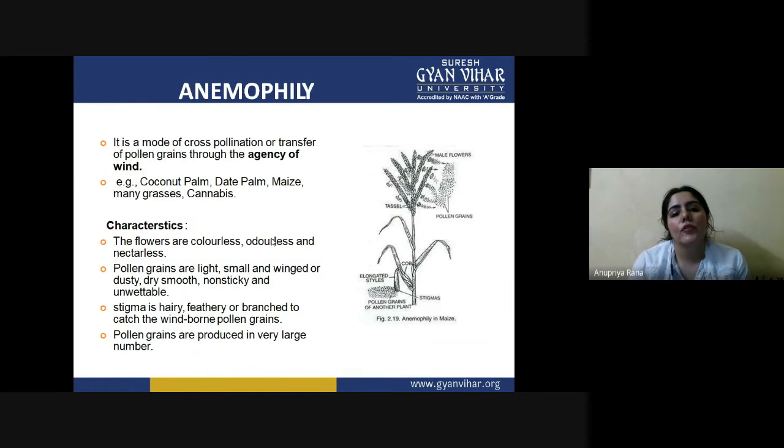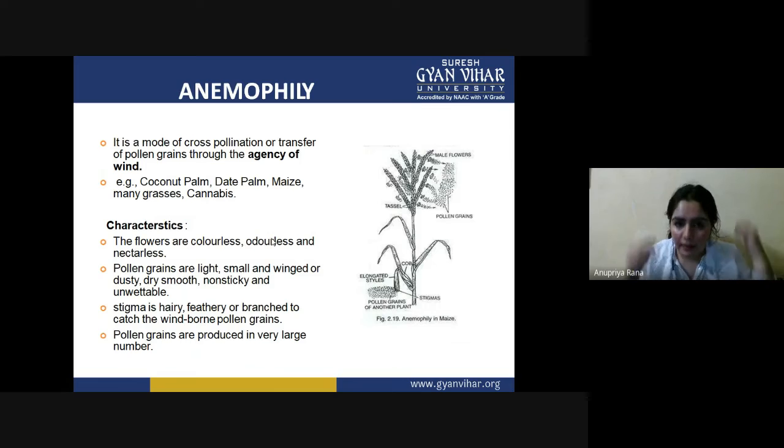The first one is anemophily. The name anemophily is given to pollination, or transfer of pollen grains, via wind. So what is the agent here? Wind is the agent in this kind of pollination, and that is called anemophily.